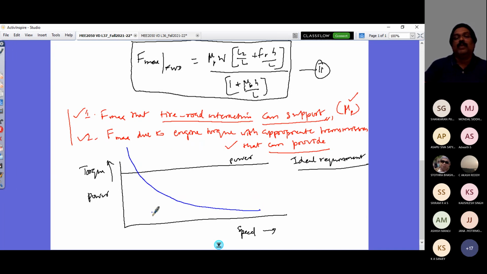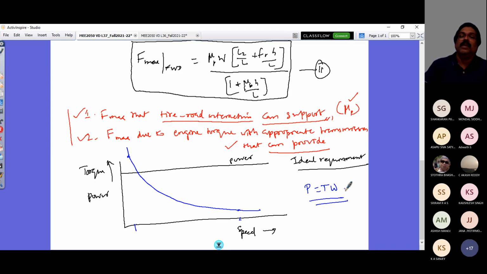It means that at smaller speeds, the power plant of my vehicular application should provide higher torque at low speed and lower torque at high speeds, so that the power, torque times omega, will be constant always, right?